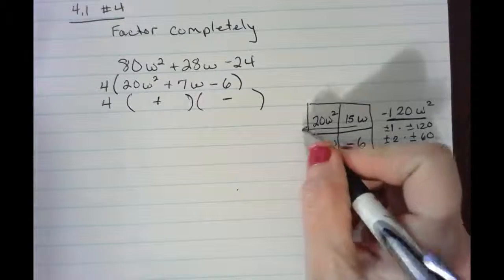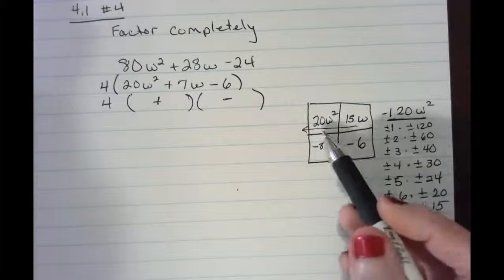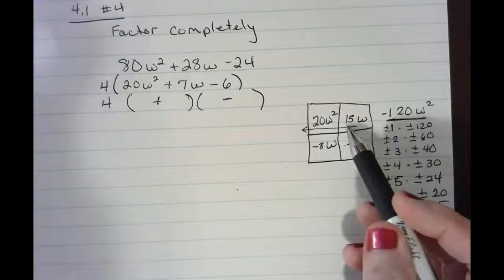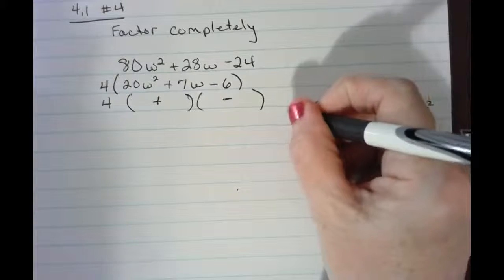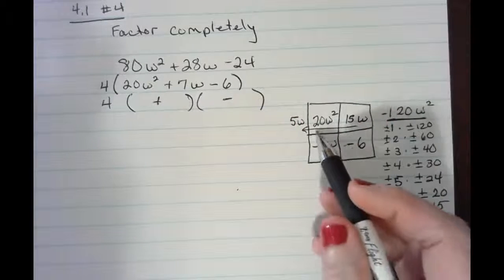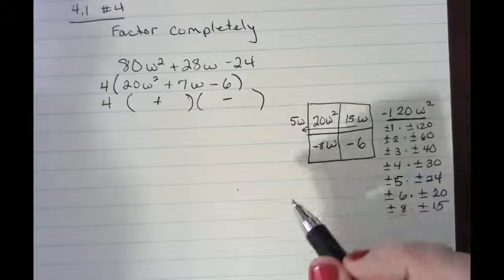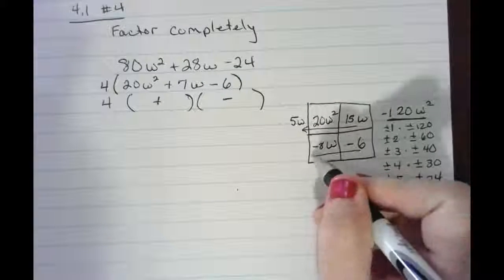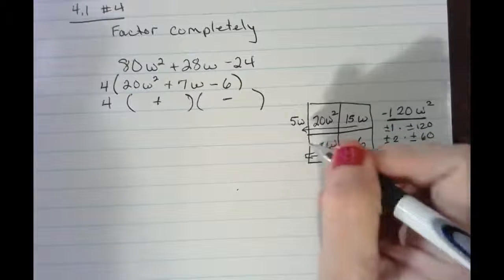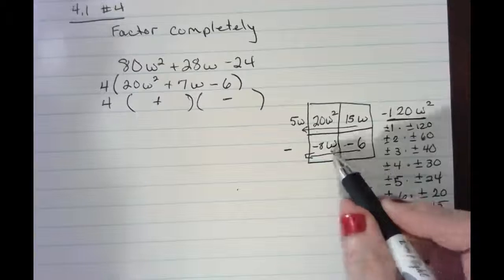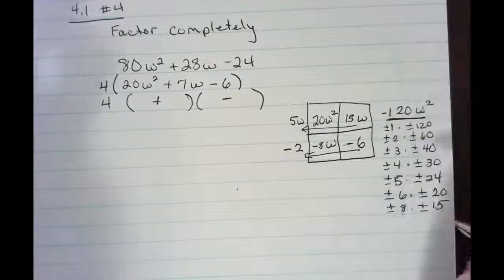Now, again, continuing with the box method, greatest common factor, that's going to be 5w, because I can factor a 5w out of 20w squared, and I can factor a 5w out of 15w. Greatest common factor here is going to be a negative, and I can factor a 2 out of both of these.